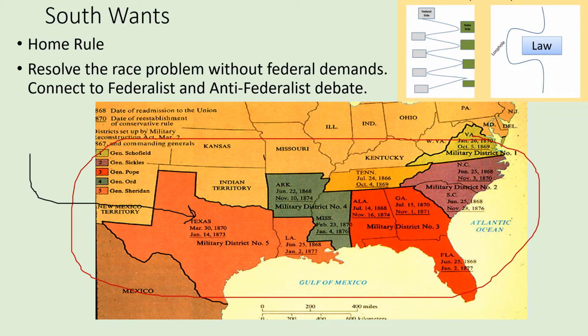Now, the South being cut into these military districts is really going to lead to some anger and resentment that they're going to direct toward the federal government as they try to find loopholes around this legislation, which is what this image here is trying to address.